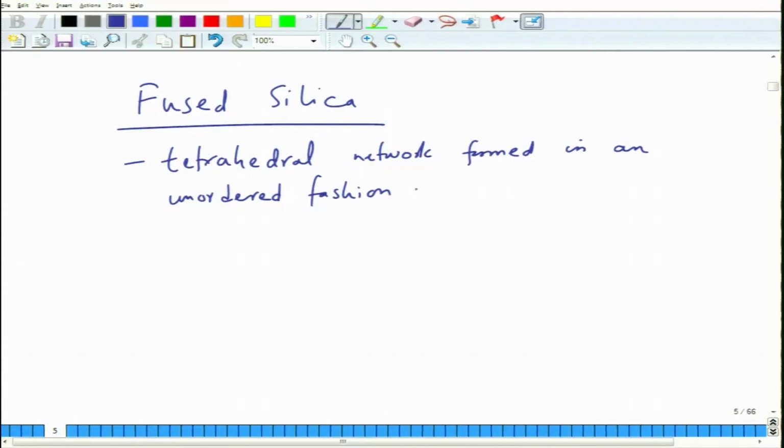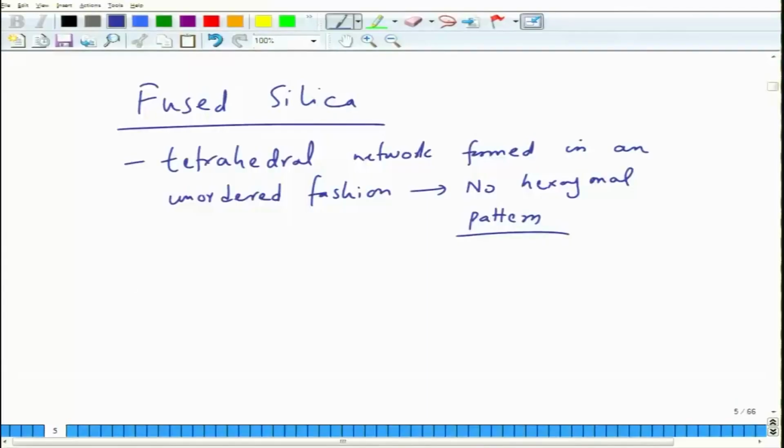So there is no hexagonal pattern there, but the requirement of coordinations are fulfilled, and so they have a relatively higher Tg. So they soften at higher temperatures.